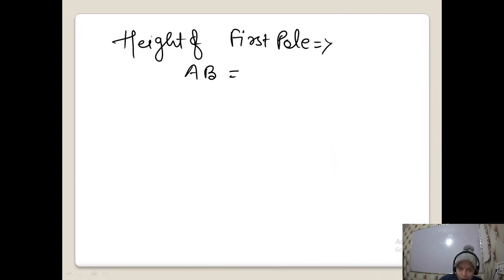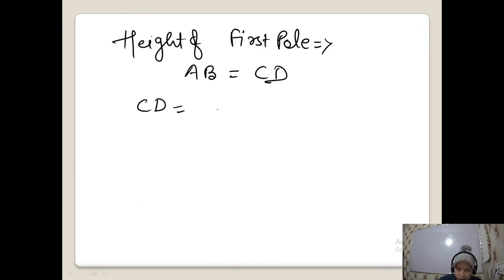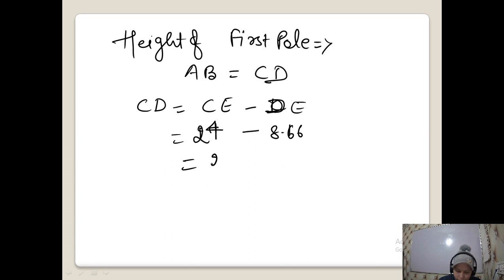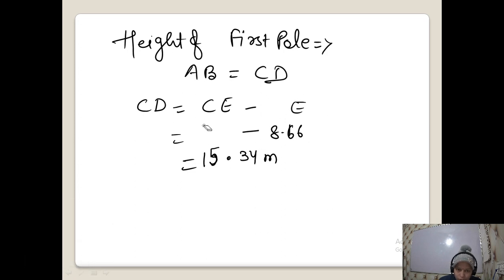Here we can say that AB is equal to CD, and CD is equal to CE, the total height, minus DE, that is 24 minus 8.66, and after subtracting this we find 15.34 meters. That is the height of the first pole.